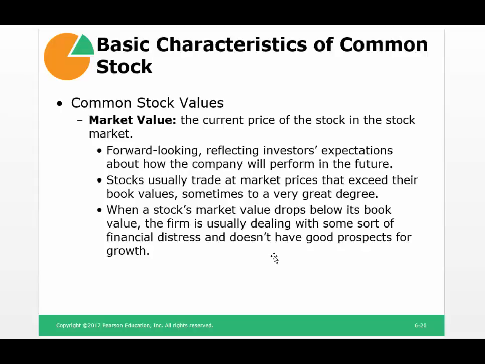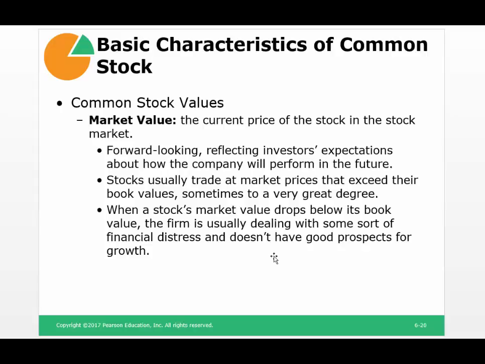Market value is the number we're obviously most interested in. Market value is assumed to be forward-looking. It reflects how people think about the stock. If the stock price is going up, people are optimistic, they're buying, demand for the stock is increasing, and the stock price goes up. Typically, stock prices will be higher than their book values.